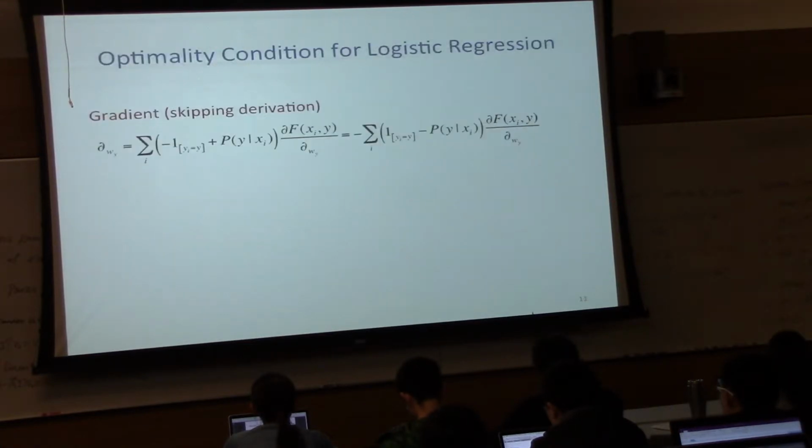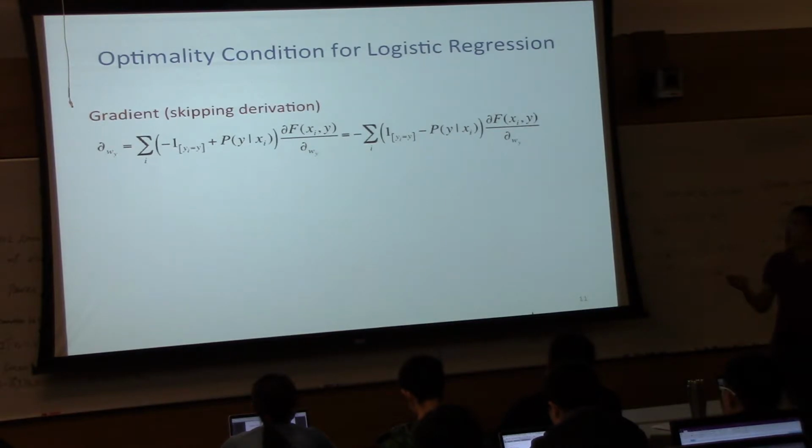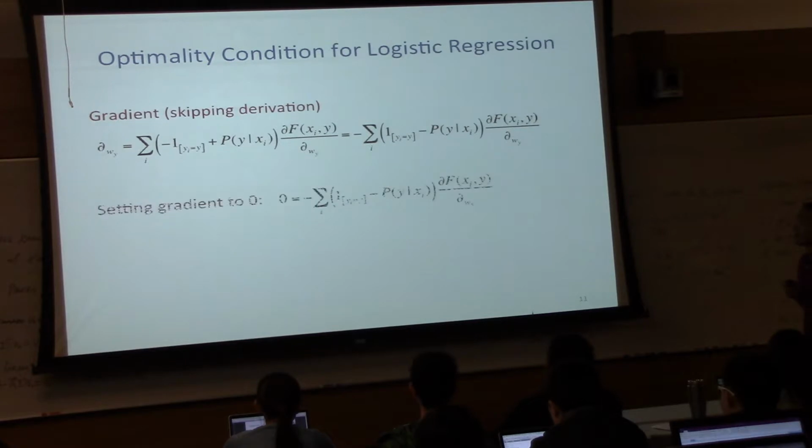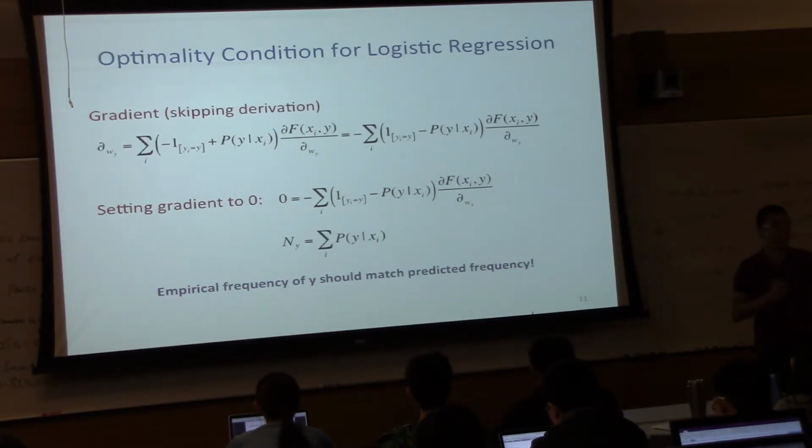Okay, so let's try to interpret this optimality condition. This is the gradient. If I set the gradient to 0, which again is a necessary condition for optimality, what does this equation reveal? So 0 equals this guy. Now I can shift things over to the left-hand side. I can divide by this because it's set equal to 0. So I get this, right?